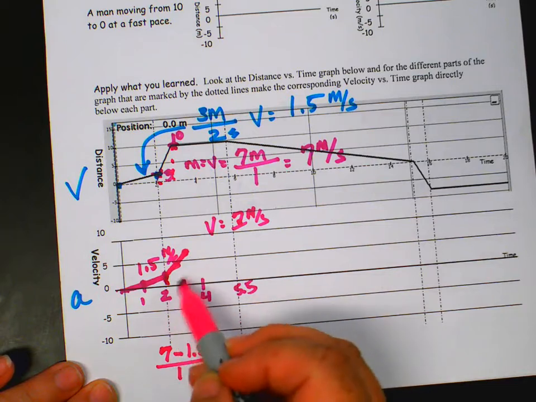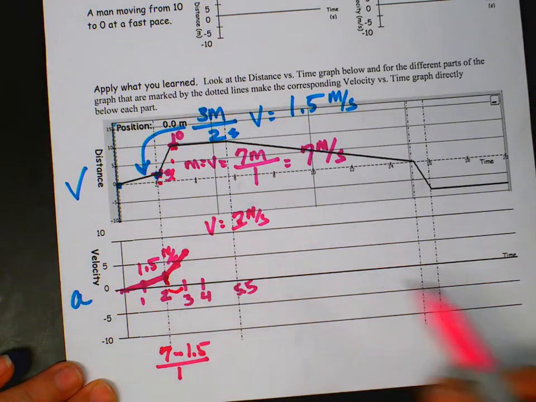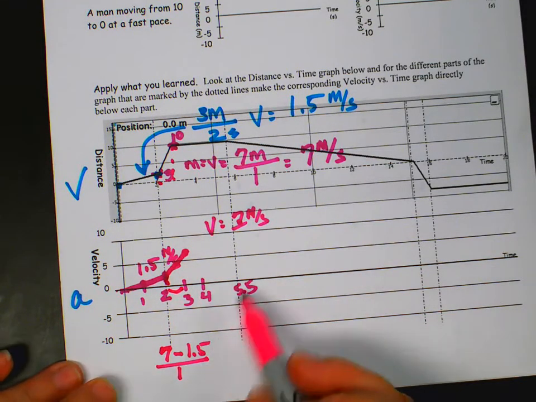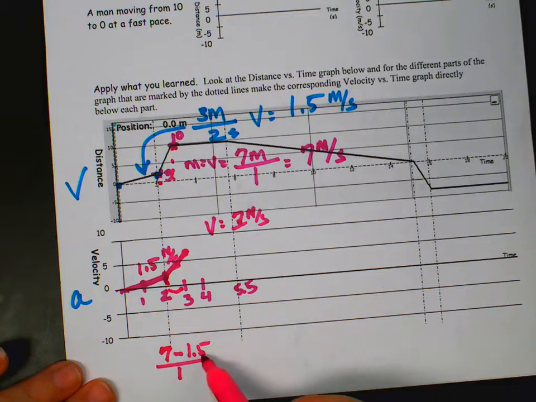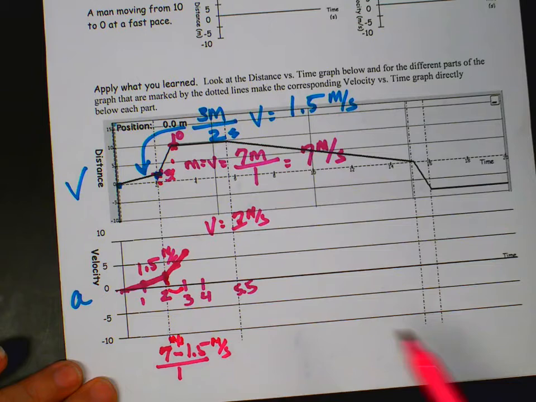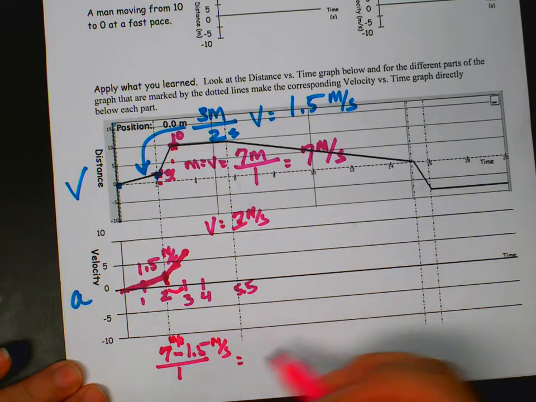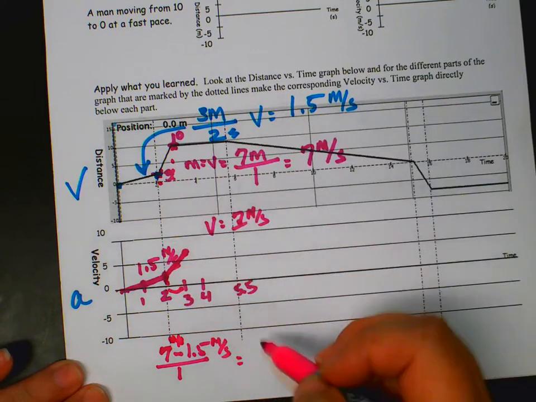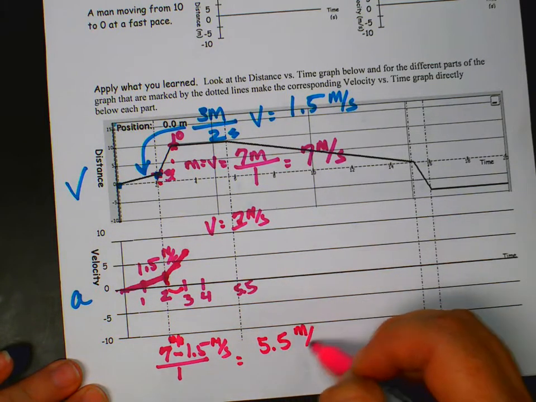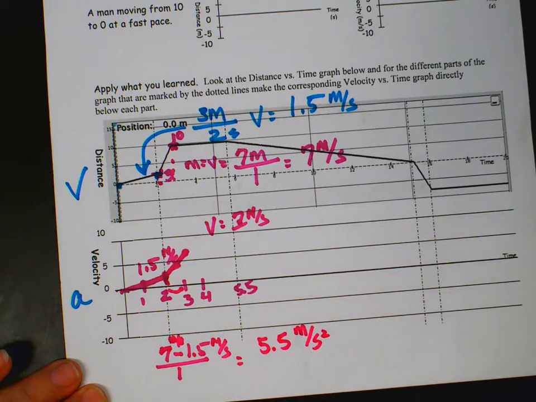So over the span of 1 second, he went from 1.5 meters per second to 7 meters per second. So 5.5. The slope of this line should be 5.5 meters per second squared because it's acceleration.